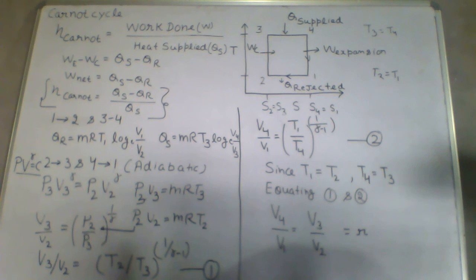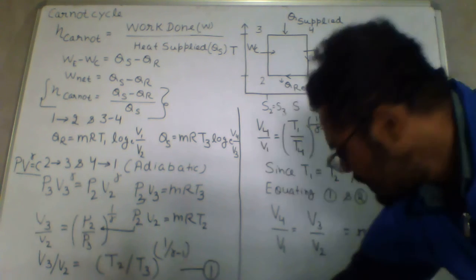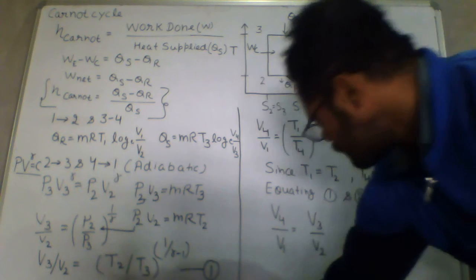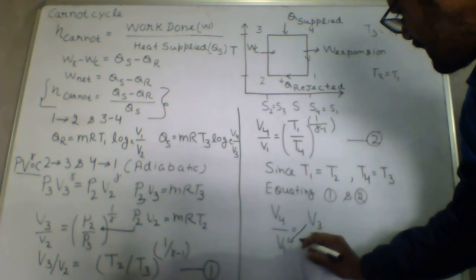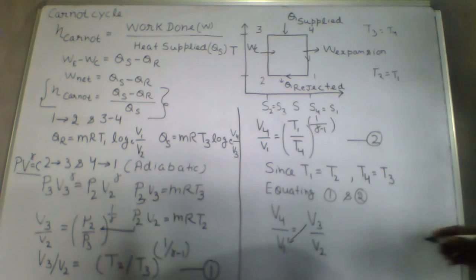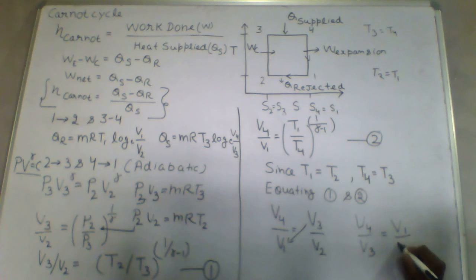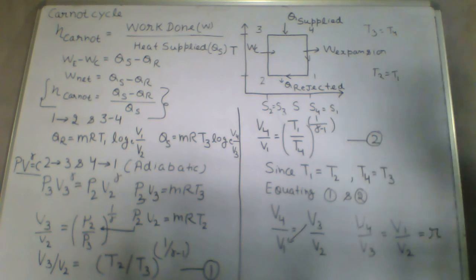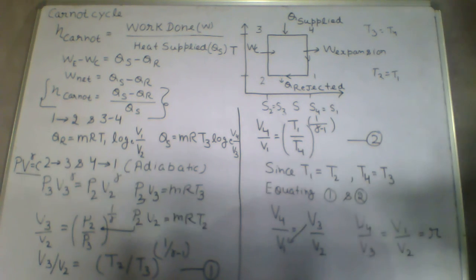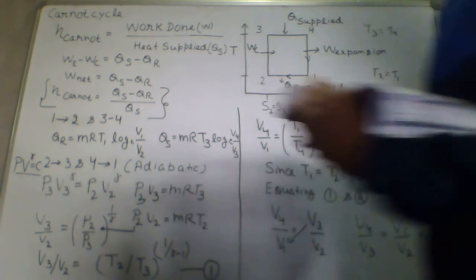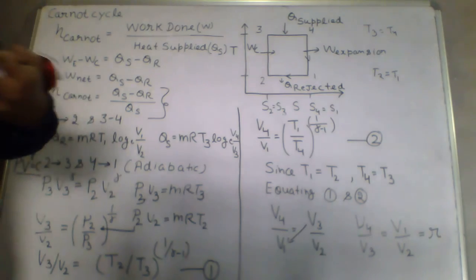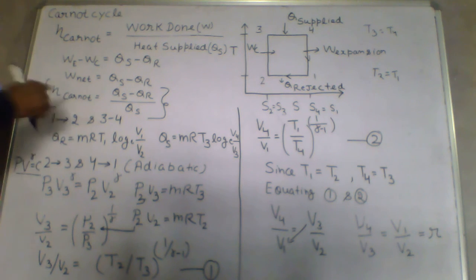After placing this here, you will get the expression V4 by V3 is equal to V1 by V2, and this is called R. It is called the compression ratio. Now put all these values here in the Carnot cycle.